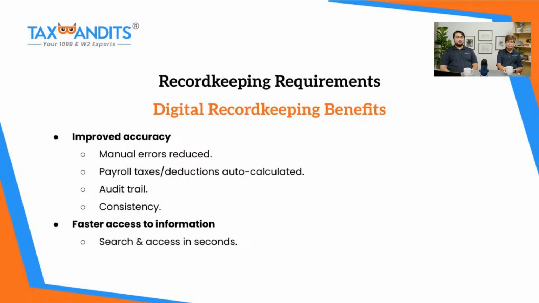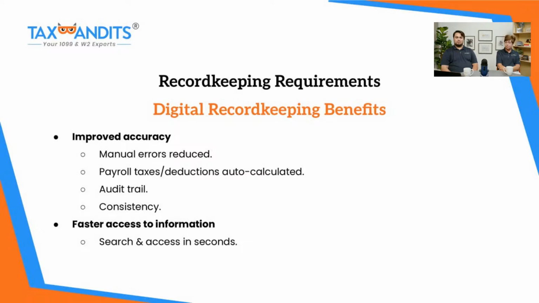With that, there's also improved accuracy. Manual errors are reduced. For payroll taxes and deductions, a lot of digital systems are calculating the taxes for you, based on whatever information you've entered for the employee, which goes into the auto calculations. There's a trail and you're able to maintain the consistency needed.